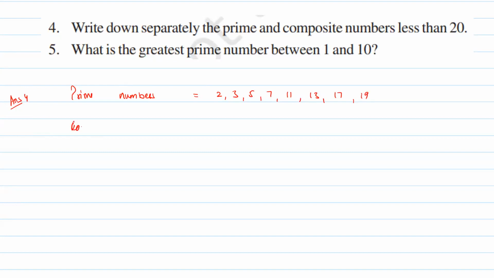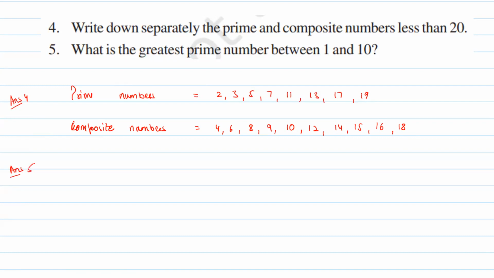And the composite numbers are all numbers except these, but remember, 1 is neither composite nor prime, so we will not write 1. So it will be 4, 6, 8, 9, 10, 12, 14, 15, 16, and 18. It is less than 20, so we will not write 20 as well.